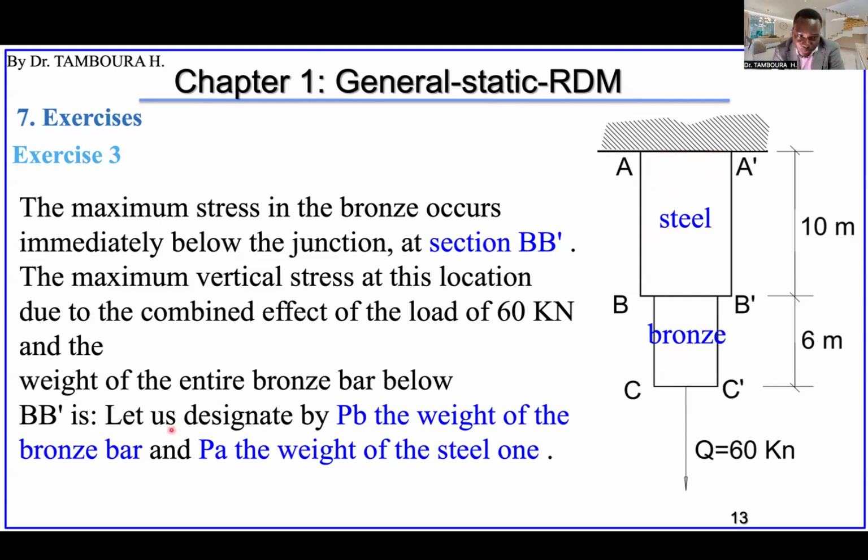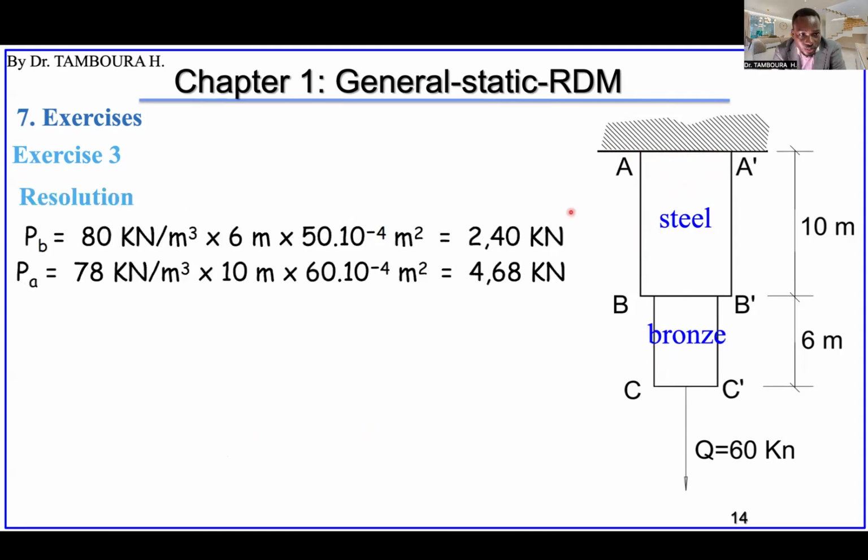Okay, so let's define PB as the weight of the bronze, B for bronze, and PA for the steel. PB is the unit weight of the bronze multiplied by the section and the length, meaning by the volume, we get the weight of this bronze part.